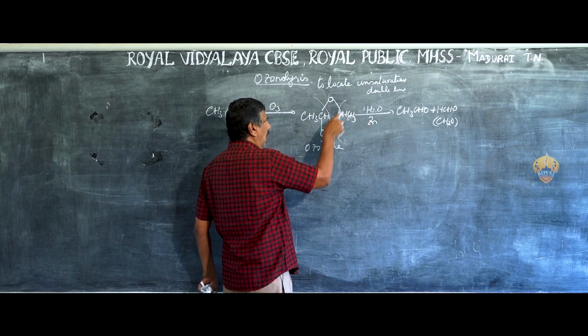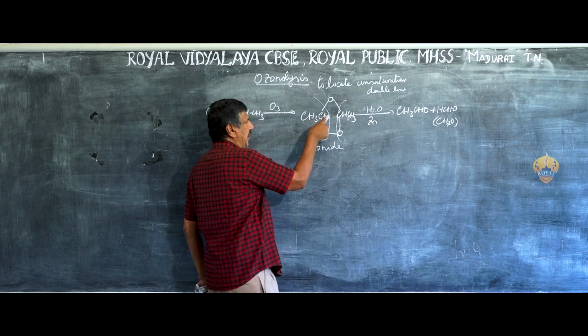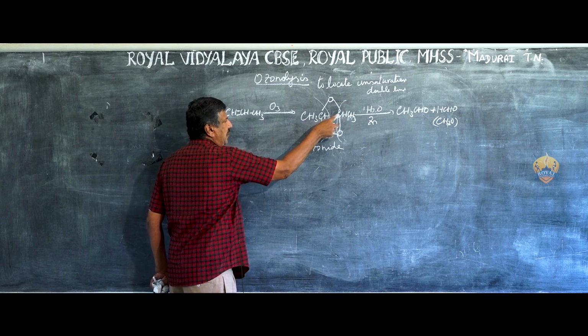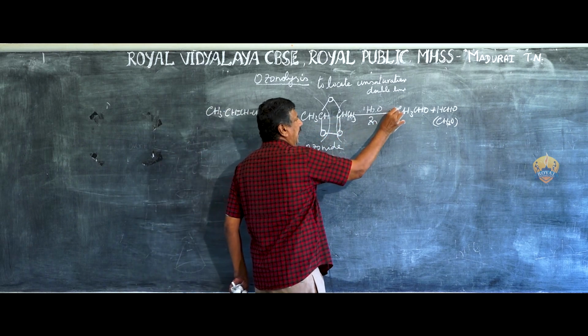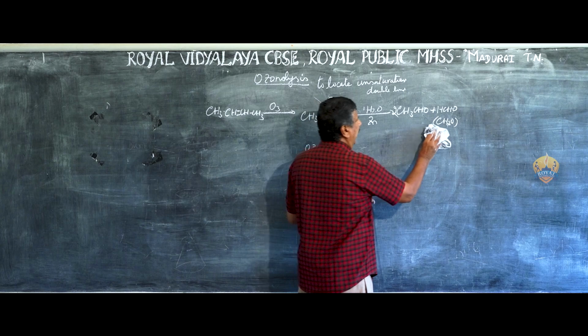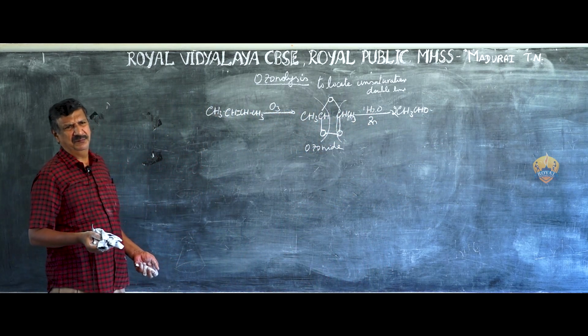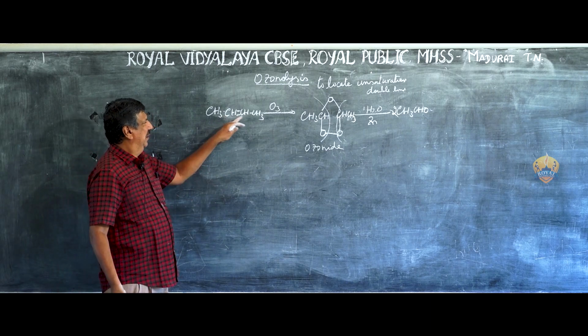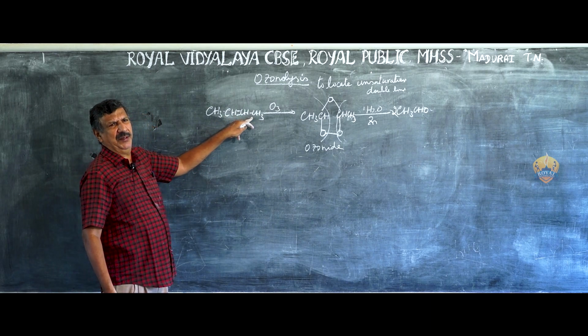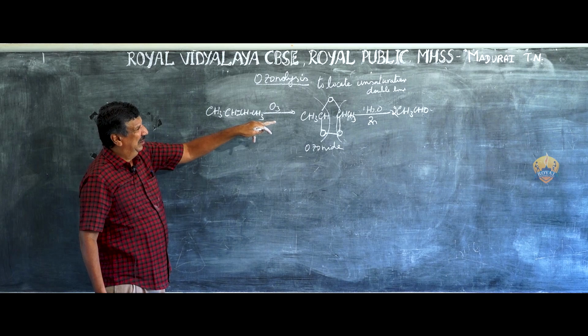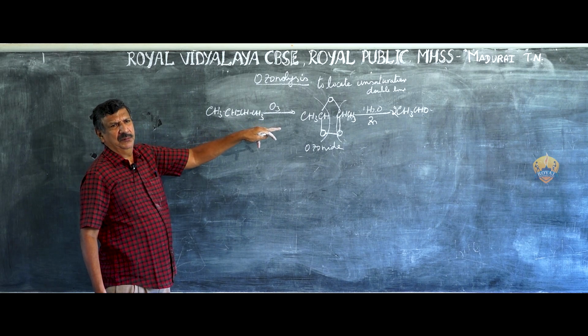Then you break the compound: CH3CHO, CH3CHO. So you are getting acetaldehyde on both sides and no formaldehyde. Since it is a symmetrical unsaturated compound, it gives the same compound.